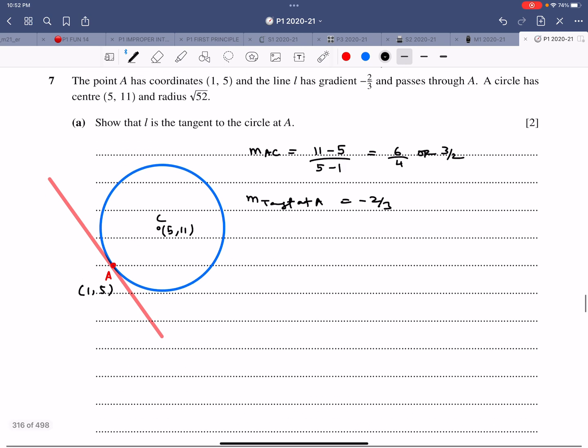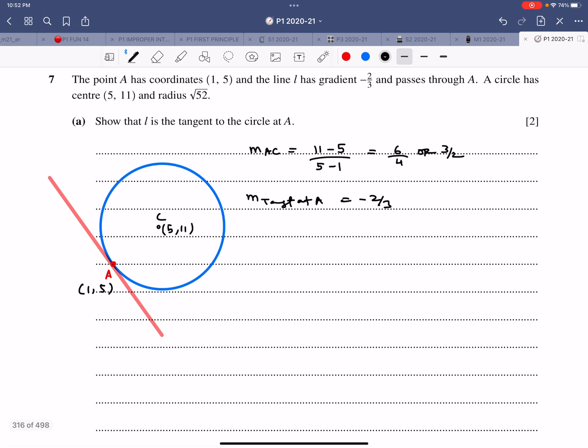Some people calculate the magnitude of this as well. So that is the square root of (5 minus 1) whole squared plus (11 minus 5) whole squared. This is 16 and this is 36 and that is root 52.